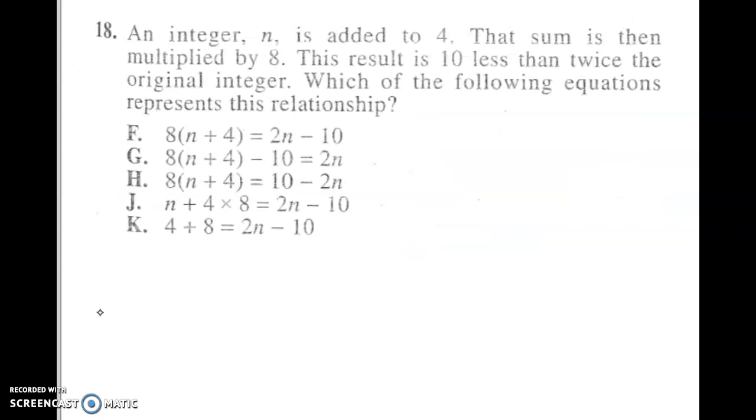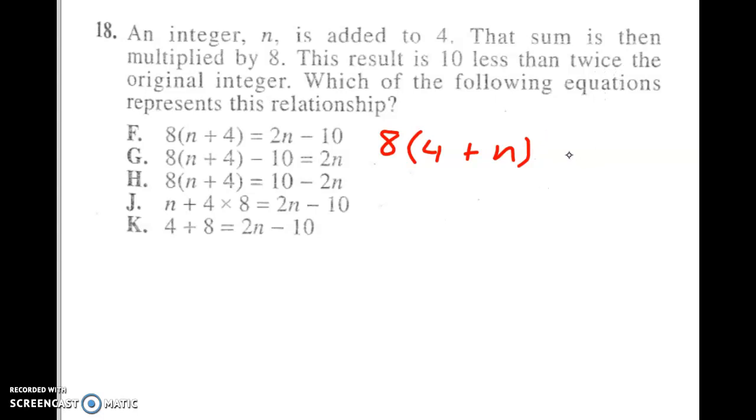Okay, so in this one, I would just go step by step and read through it. So we have an integer n is added to 4. So you could just say, well, the integer n gets added to 4. That sum is multiplied by 8. So then the whole sum has to be multiplied by 8. This result, so this total here, is 10 less than twice the original number.